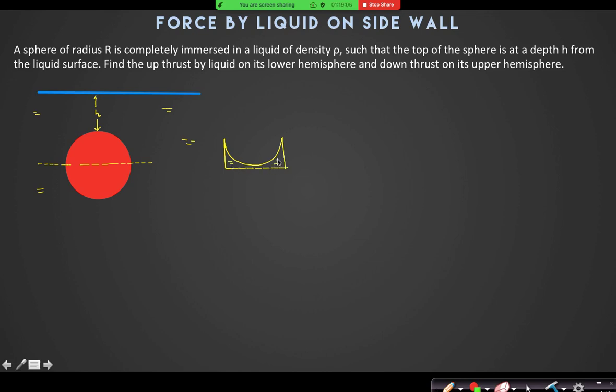It is the fluid. If you draw the free body diagram of the liquid, tell me what are the forces acting on it? What are the forces I can show on the liquid?